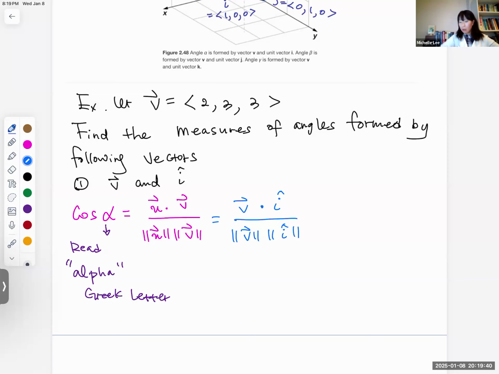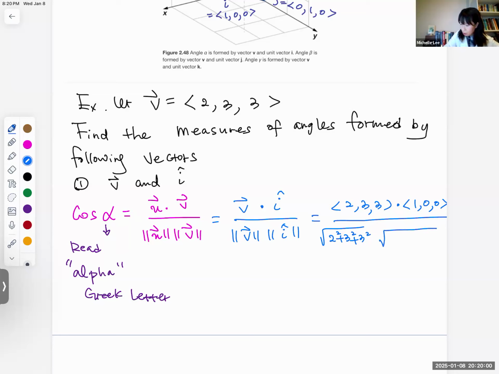What's V? V equals (2, 3, 3). What is i? (1, 0, 0), over the magnitude of V, which is the square root of 2 squared plus 3 squared plus 3 squared, and the magnitude of i, which is 1 squared and 0 for the rest. The numerator is 2 times 1, and the rest is 0.